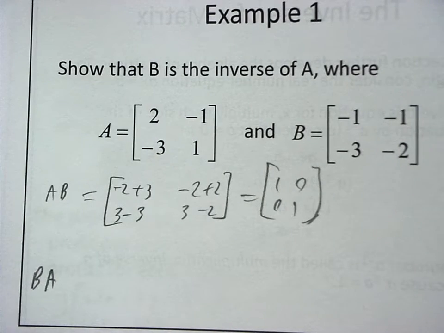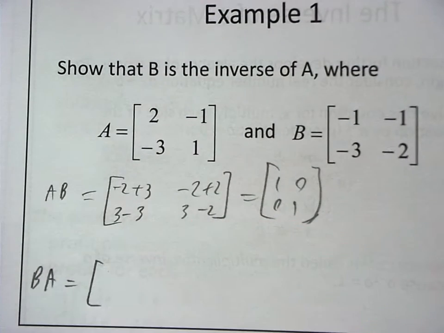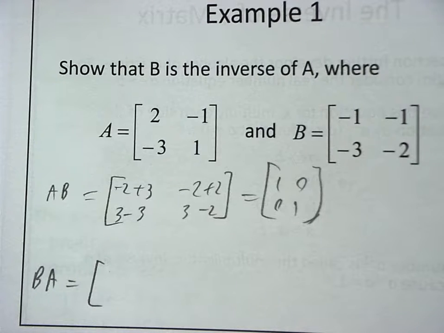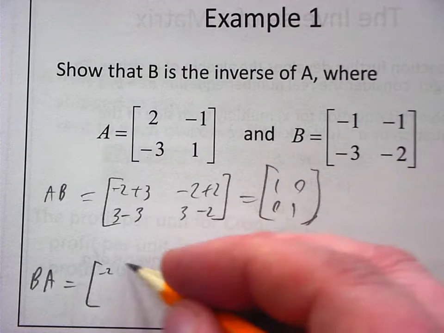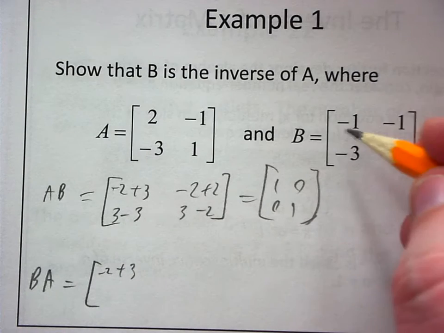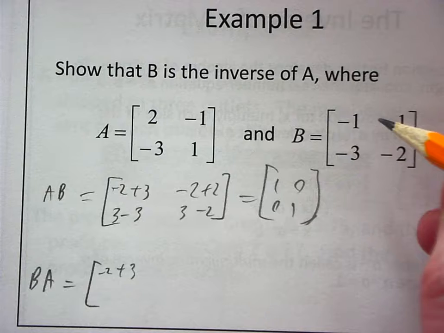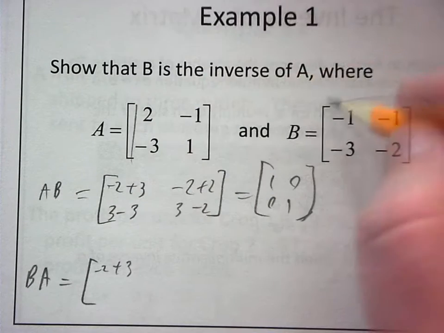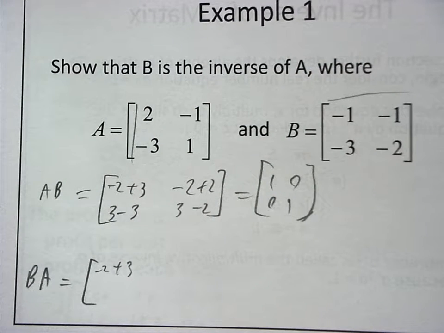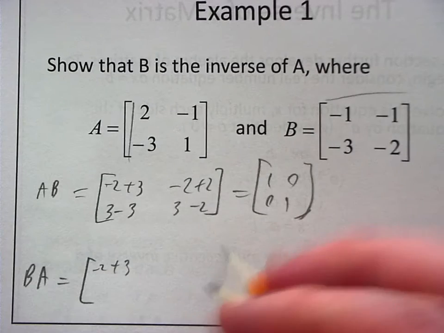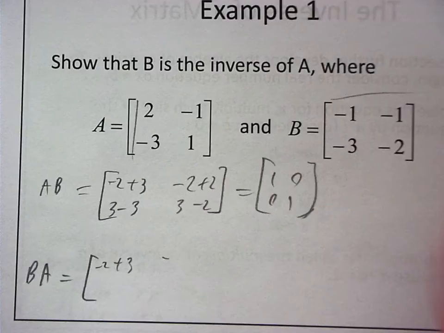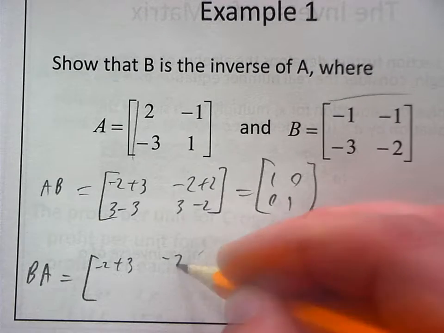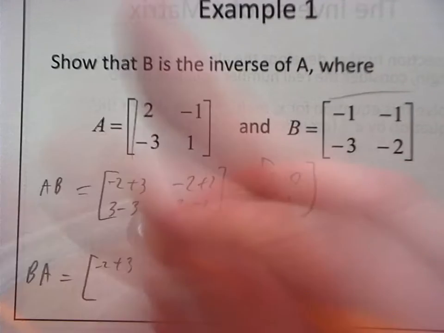When you do it the other way, what's going to be in the top left when you do B times A? Negative 2 plus 3, because here you're doing this row times this column. B's got to be first. So negative 2 plus 3. Top right? Not negative 2 plus 2.